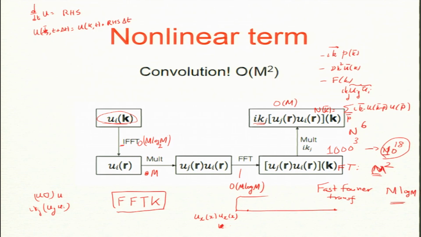RHS is a function of k, but it is done for all k's. The nonlinear term is computed for all k in one shot. You need to store it in arrays, but it is not that for every k I do it one at a time. When I am here, it is done for all wave numbers.